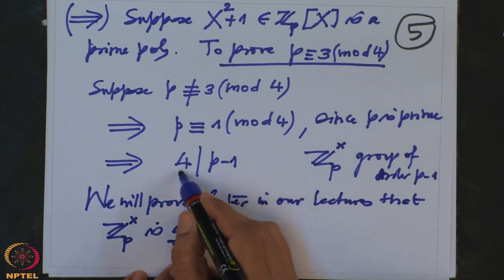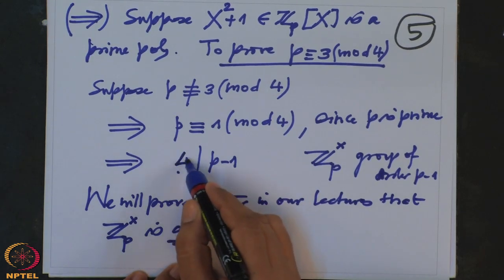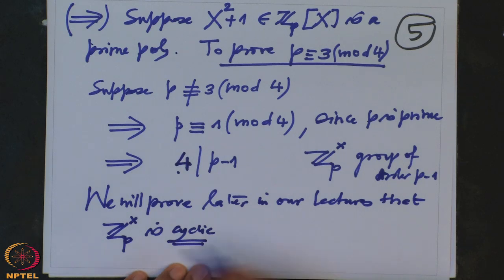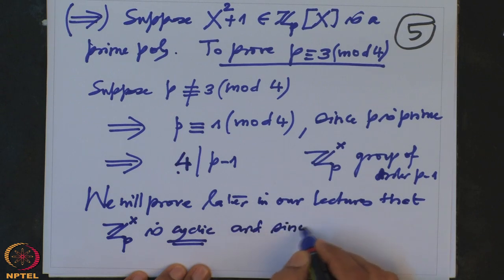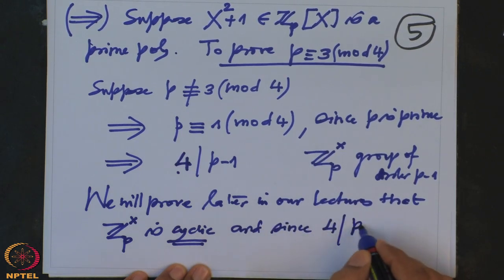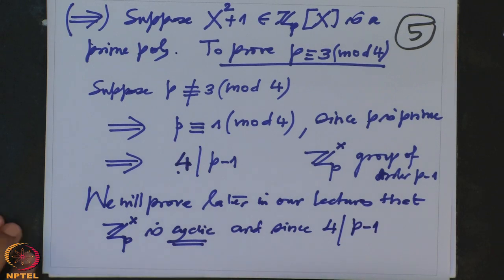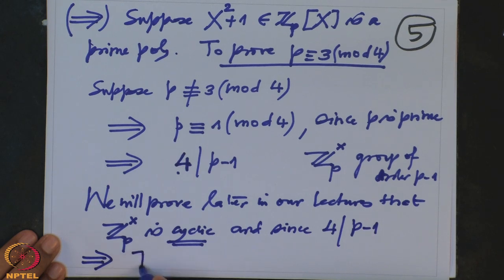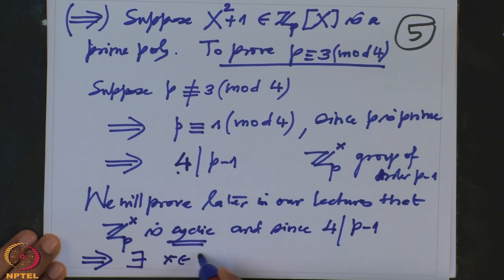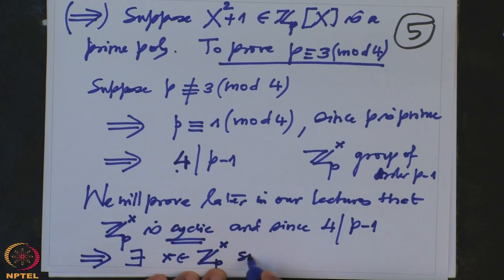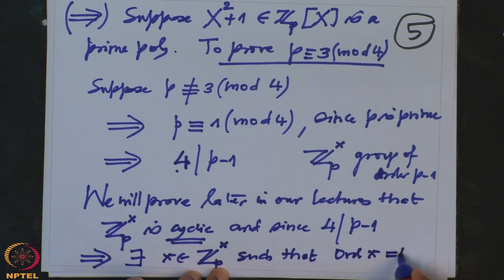And we have a divisor 4 of the order of this group. Since 4 divides P minus 1, there exists an element X in this group such that the order of X is equal to 4.